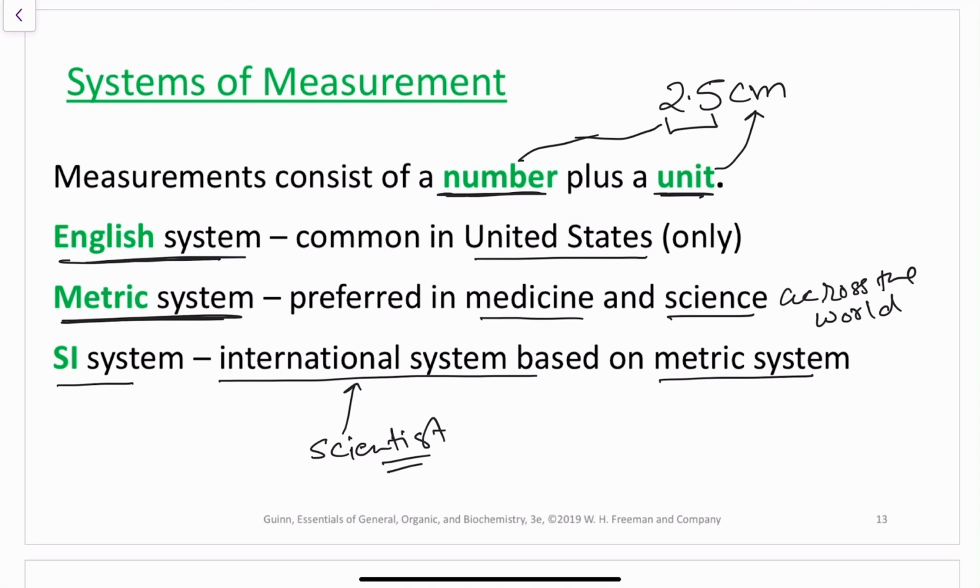So what is a unit? A unit indicates the type of quantity measured and the system used to measure it, right? We'll talk about units a little bit later, but right now just know this: the unit tells you which quantity is being measured and which system, English or metric, is being used to measure that quantity, right?